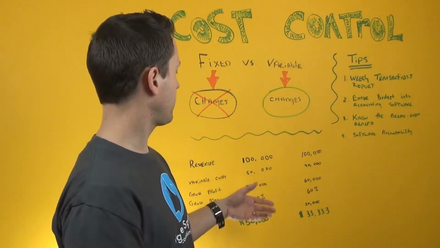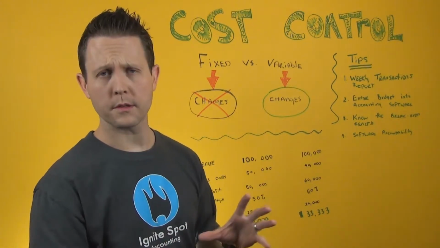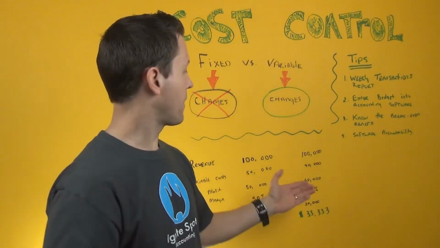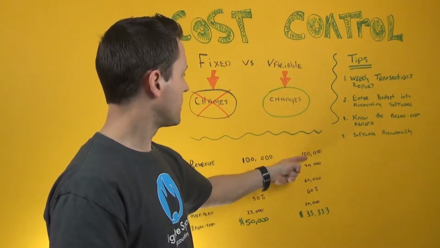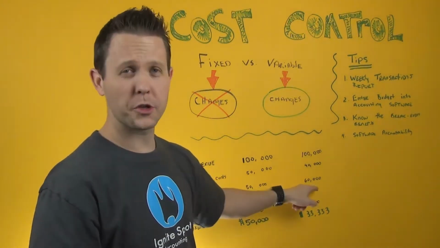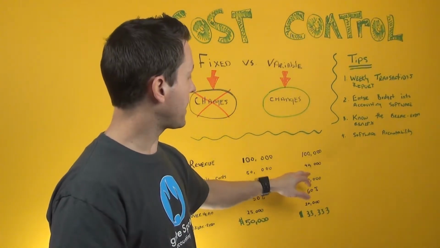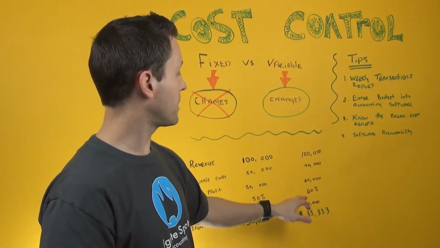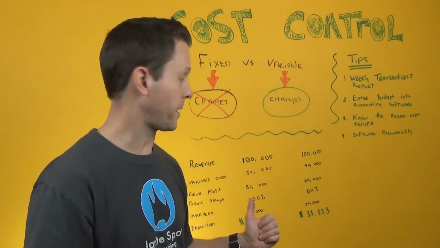And maybe they sell X number of them, but if they can go from $5 down to just $4 as a cost per unit, then they could make a change like this in their business structure. So going down to $40,000 for their variable expenses, that means now their gross profit's $60,000. Okay? If I take that $60,000 and divide it by the $100,000, that gives me a gross margin of 60%, which was 10% better than the other company.